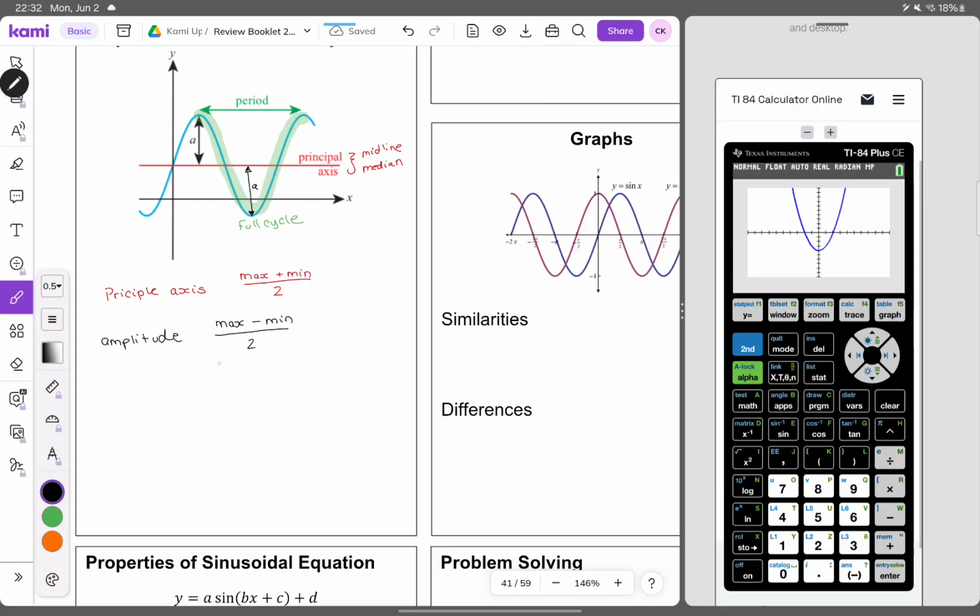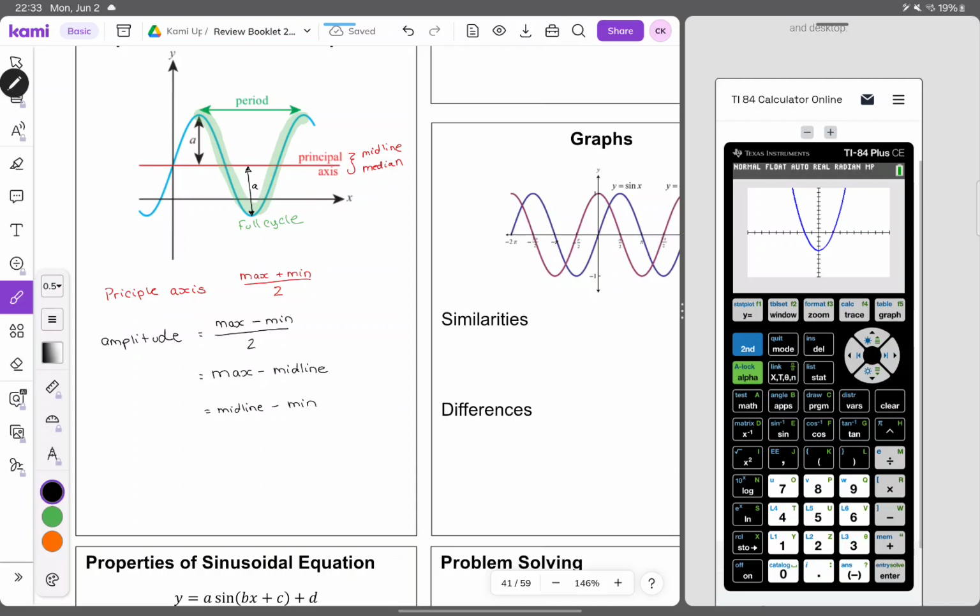Or it's just max minus your midline that will also tell you your amplitude, or you can do midline minus your min, that'll tell you your amplitude.